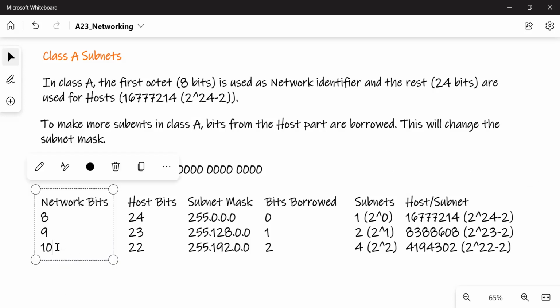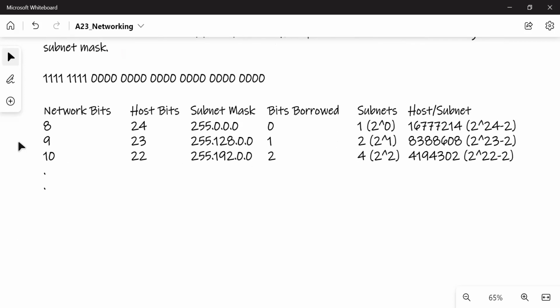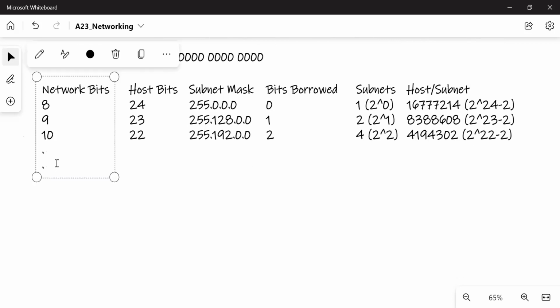Okay, right. Now let's continue this. I'm not going to discuss the remaining. If you go like this, at some point the number will increase. Let's say you are going to borrow 21 bits.